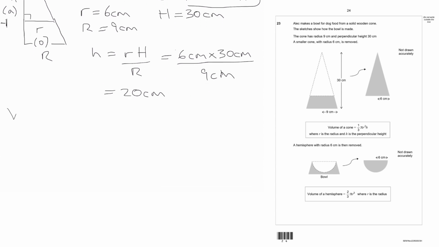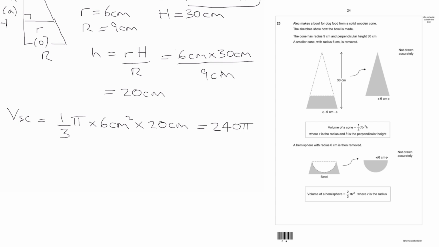So if we go back to our volume of the small cone, we're going to have 1/3 pi times 6 centimetres squared times h, which we know now is 20 centimetres. So if we plug this into our calculator, we get that the volume of the small cone is 240 pi.